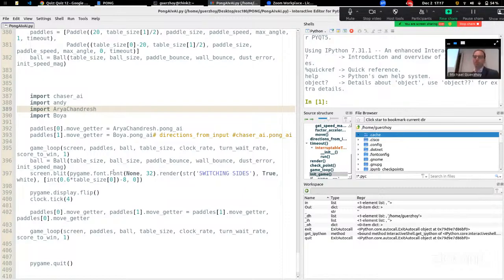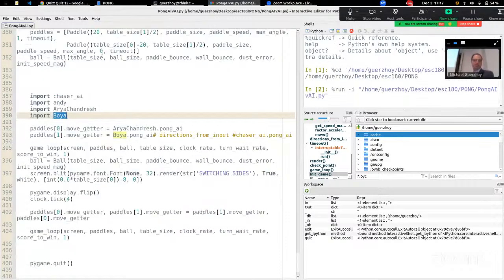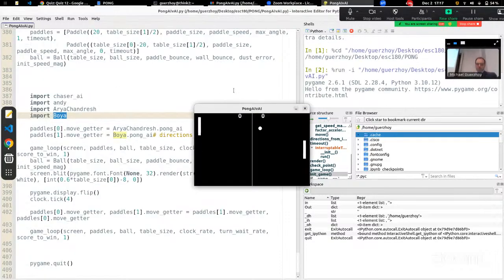whoever wins. I randomly picked Arya and Chandresh's submission and Boya's submission. So Arya and Chandresh are going to be on the left. Boya is going to be on the right, and we'll see how it goes. Fill out the evaluation or watch the Pong. You can multitask.